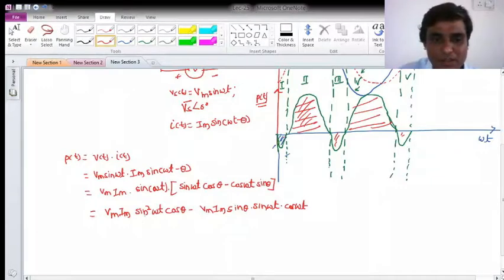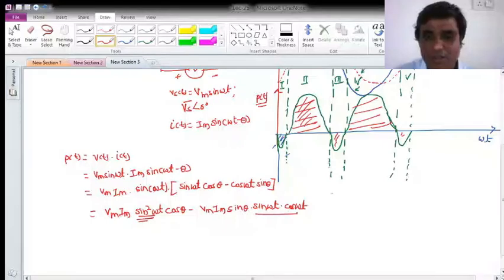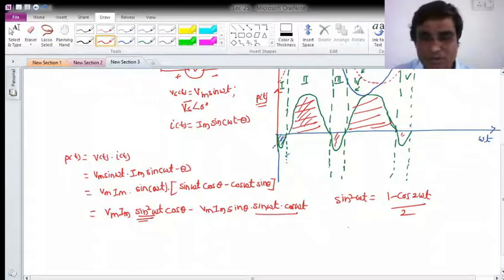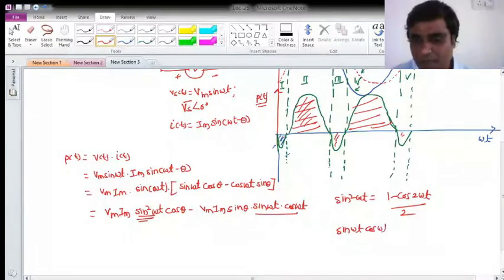Now let me do something with sin square omega t and sin omega t cos omega t. We know sin square omega t I can write as (1 minus cosine of 2 omega t) divided by 2. Similarly, sin omega t into cos omega t I can write as sin 2 omega t divided by 2.